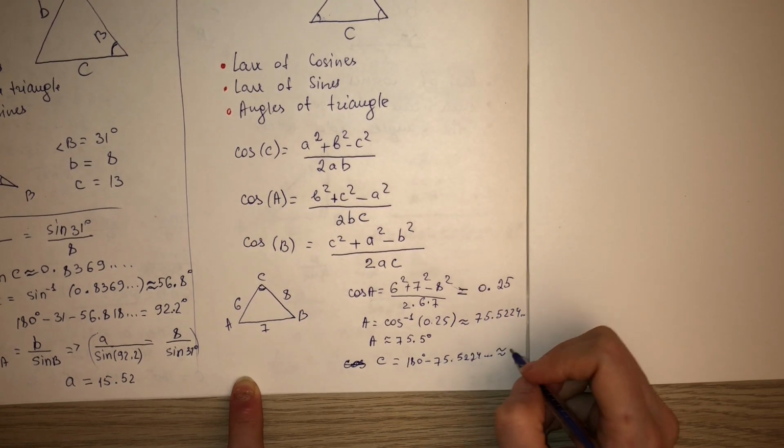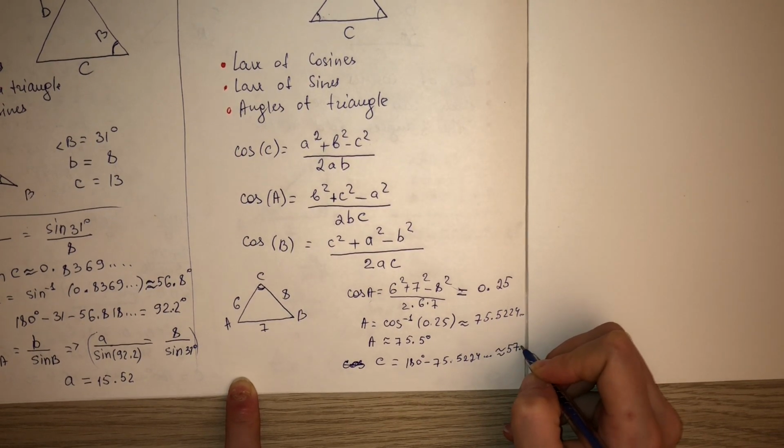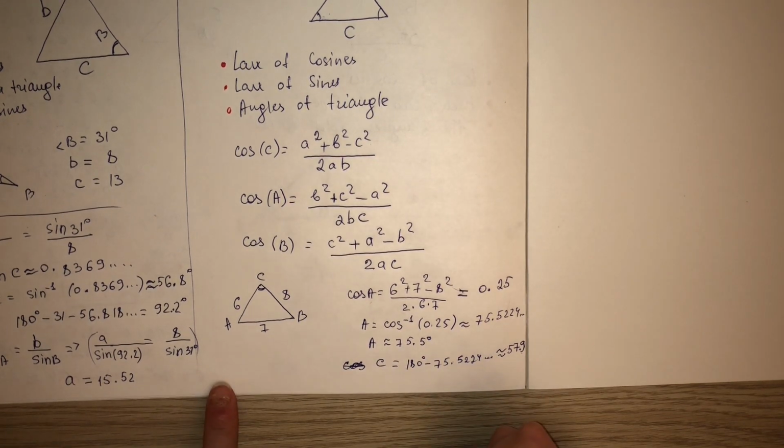We will get 57.9 to 1 decimal place. This is our final example.